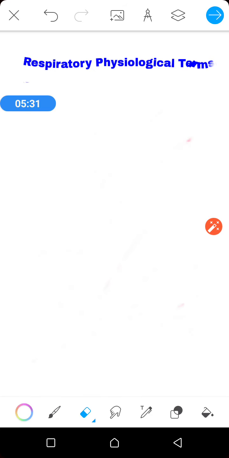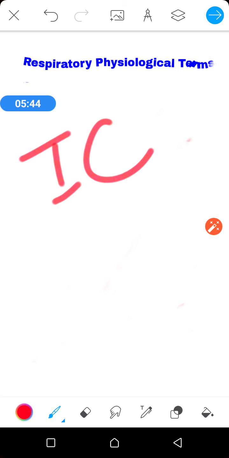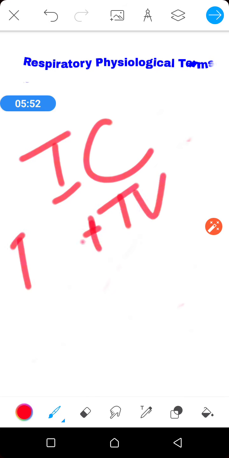Okay, now coming to the lung capacities, we have four terms for lung capacities. The first one is the inspiratory capacity. What is the inspiratory capacity? Inspiratory capacity is the sum of the tidal volume and inspiratory reserve volume.